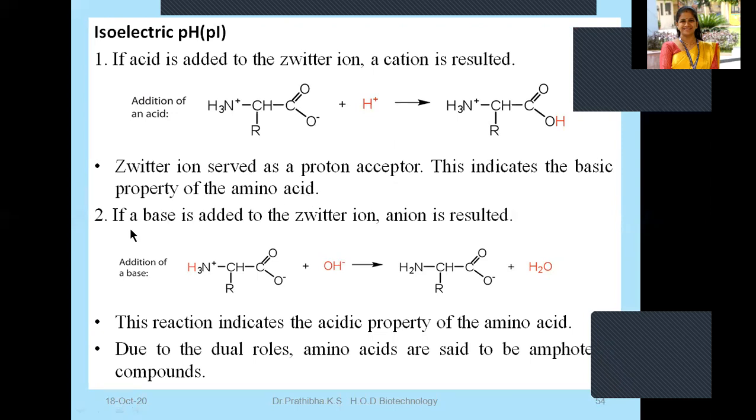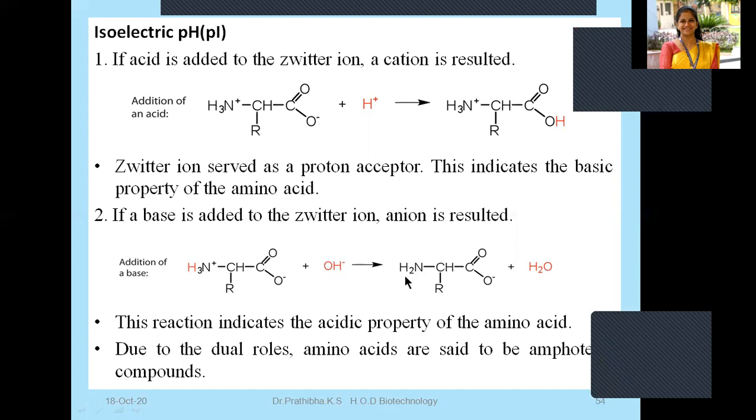Okay, once the proton is accepted here, this indicates the basic property of the amino acid. Okay, if a base is added to the Zwitter ion, an anion is formed. That is, on addition of a base, what has happened here? This particular hydroxyl group is released in the form of water, right?